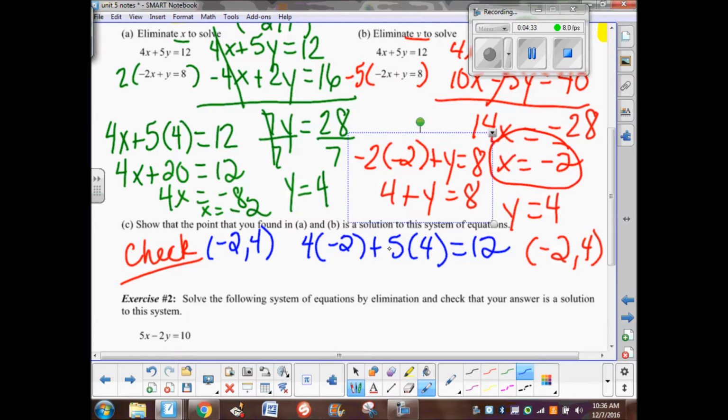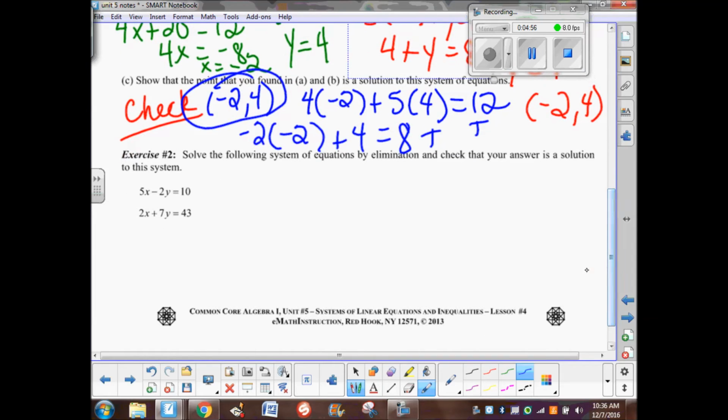So that's negative 8 plus 20, that's true, 12 equals 12. And now I'm subbing into the second equation. Negative 2 plus 4, does that equal 8? 4 plus 4, that certainly does equal 8. A true and a true makes this true. That is the solution.